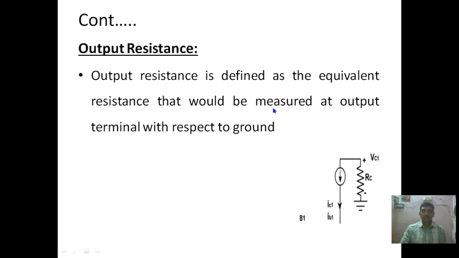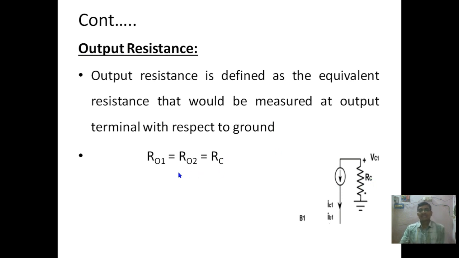If you see from the output side, RC is in parallel with the current source. This current source offers very high resistance. So a very high resistance in parallel with a small resistance gives a resultant that is the small resistance. That's why the output resistance will be equal to RC.